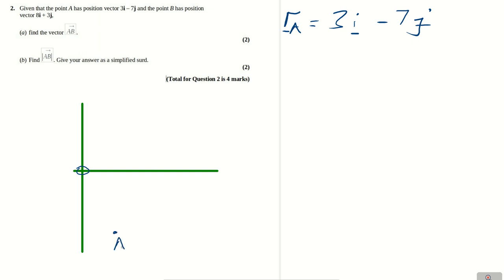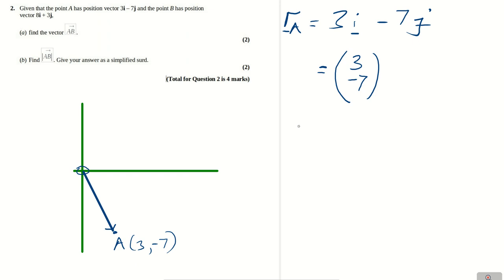So that's A, and that's the point (3, -7), and if I want to draw it as a vector, I draw it like that, and then I'll put an arrow on the end. I can write that vector as 3i minus 7j, or another way of writing it is as a column vector like that, exactly the same.